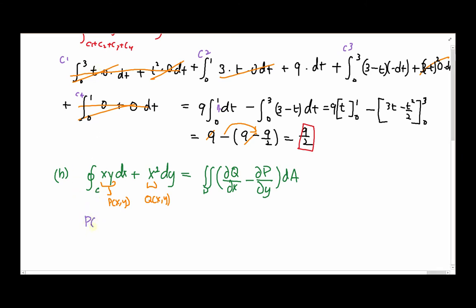So P(x,y) equals xy. Q becomes x squared. I'm also going to take a derivative.